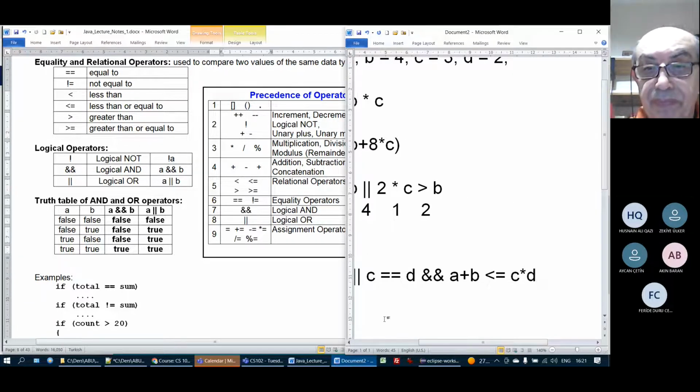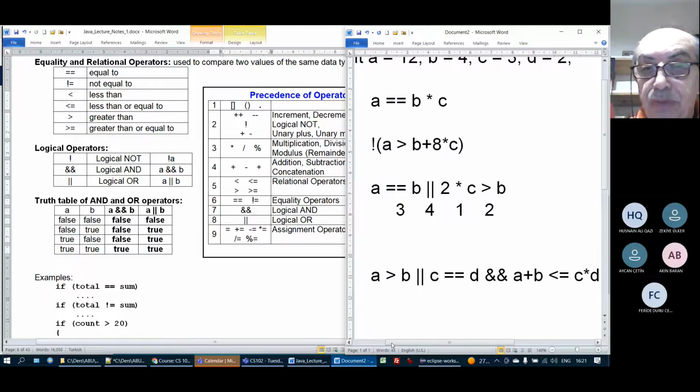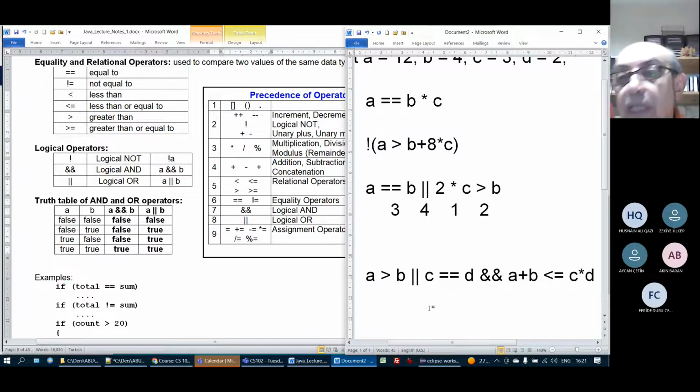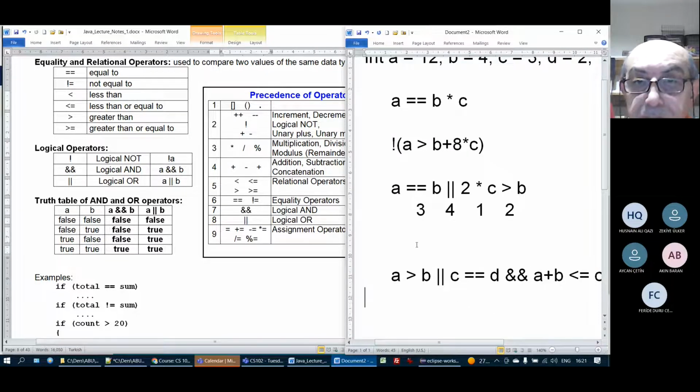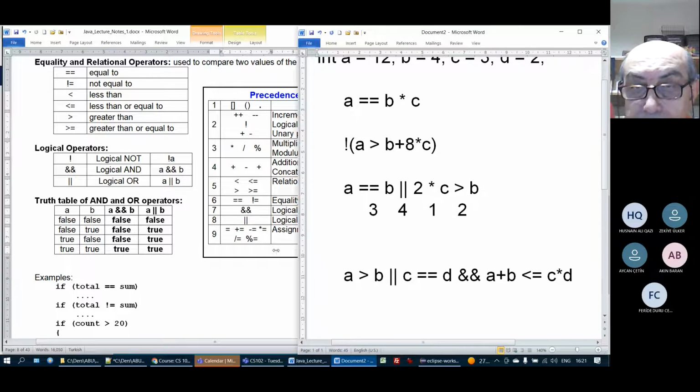Okay. So here we have a longer expression. Let's write below this the order of operators.